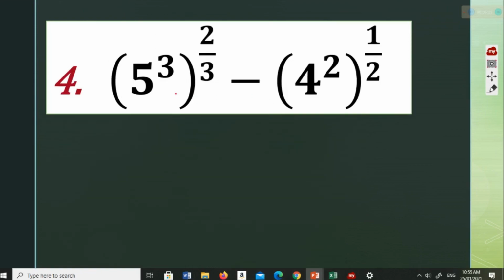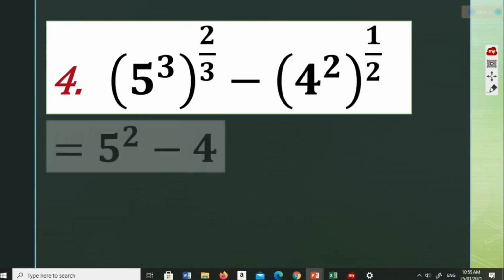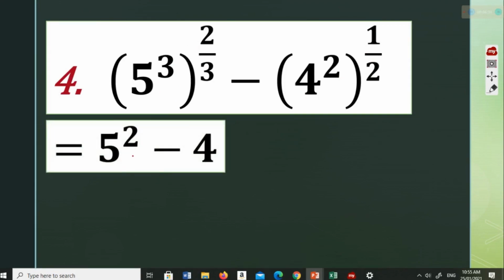Okay, number 4. 5 cubed raised to 2/3 minus 4 squared raised to 1/2. So ito, pwede na nating i-multiply yung exponent. 3 times 2/3 is 5 squared minus yung 4 squared times 1/2 is 4. 5 squared. Bakit 5 squared? Kasi 3 times 2 ay 6.